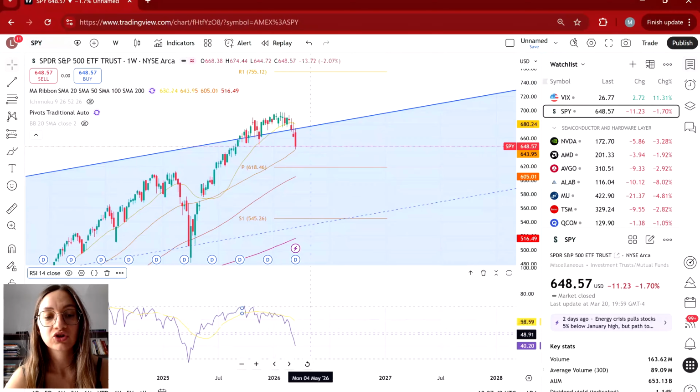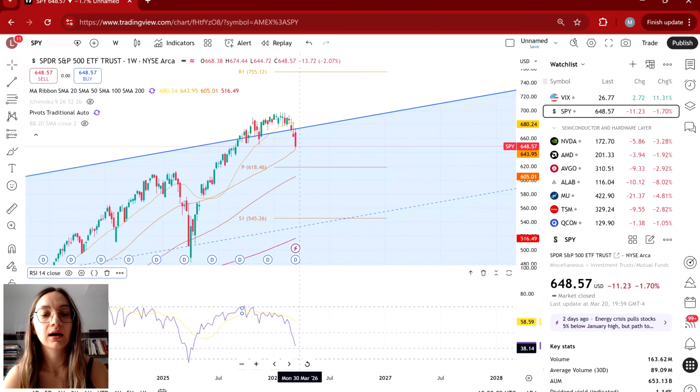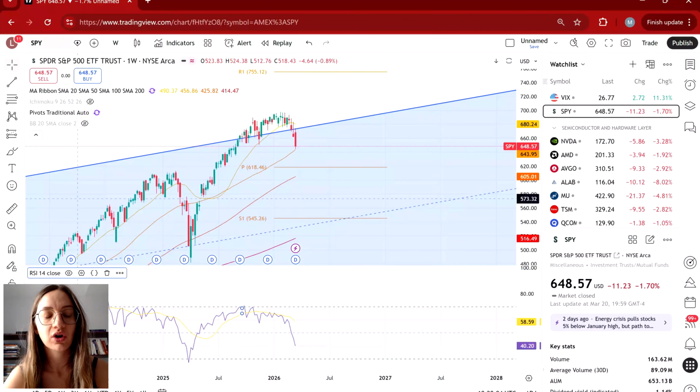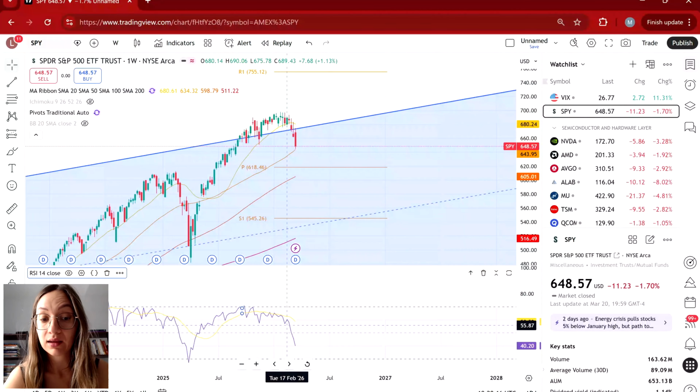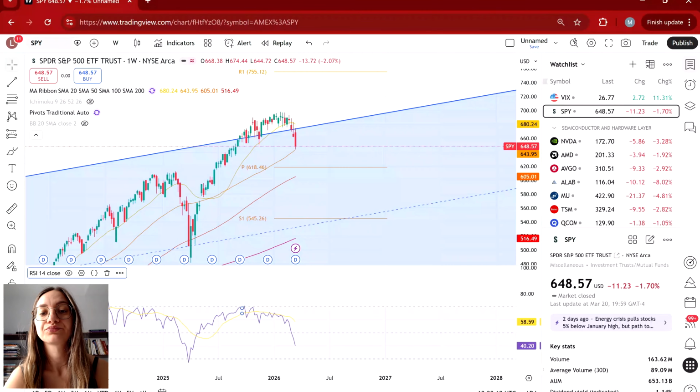As you see, there's no bullish divergence here yet, meaning the selling pressure hasn't fully exhausted itself on the macro scale from the weekly chart analysis. It needs to find a floor here and show us that it wants to reverse. Before that, we can't really say there is a reversal.